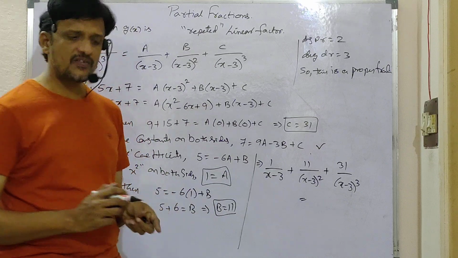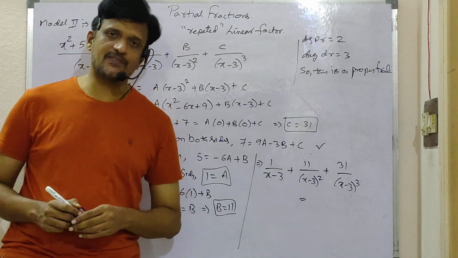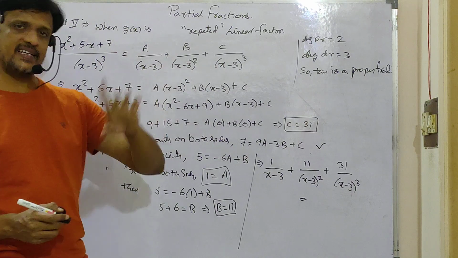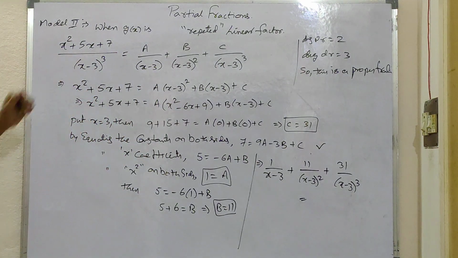This is the required sum of the partial fractions of the given one, when the denominator consists of repeated linear factors. Then corresponding to each ax plus b, you will get one.